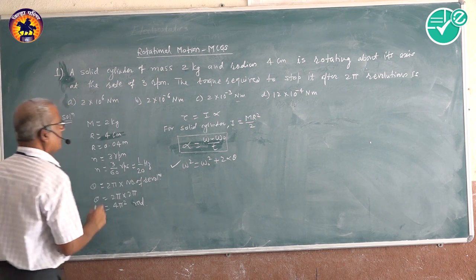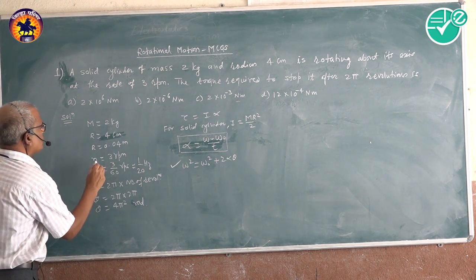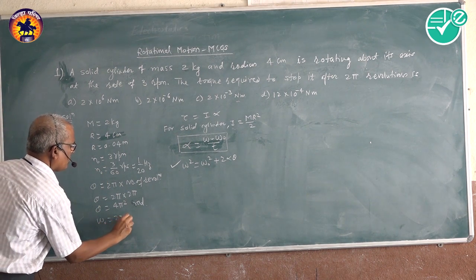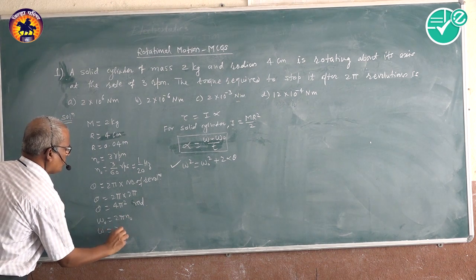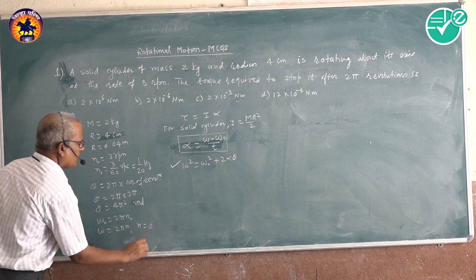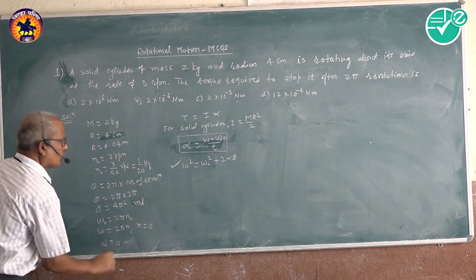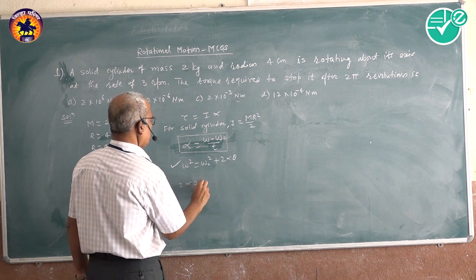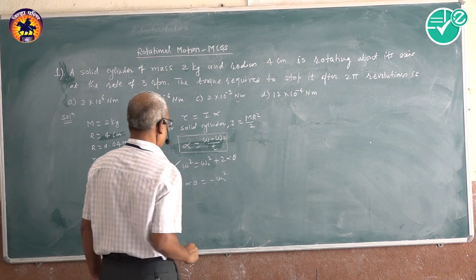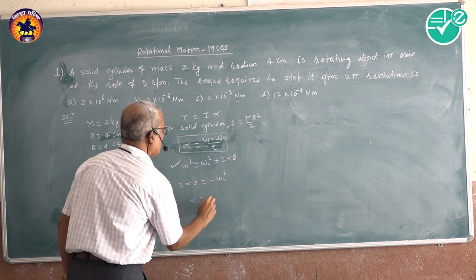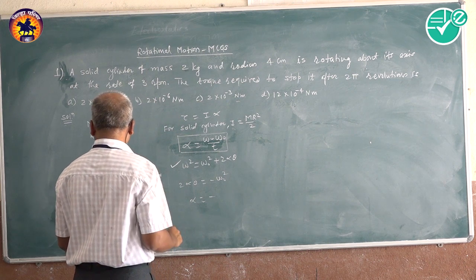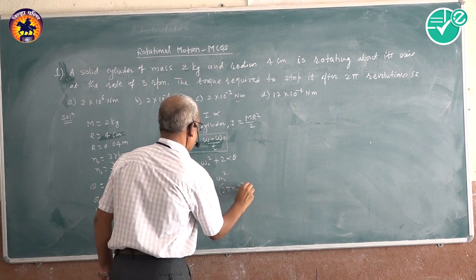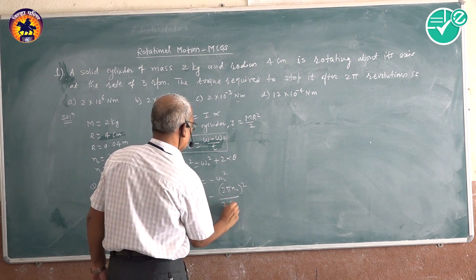Now finally it stops, suppose the initial frequency is n0. Omega 0 is equal to 2 pi n0 and omega is equal to 2 pi n, where the final frequency is 0, so omega is equal to 0. So one can write 2 alpha theta is equal to minus omega 0 square. Then alpha is equal to minus (2 pi n0) square upon 2 theta.